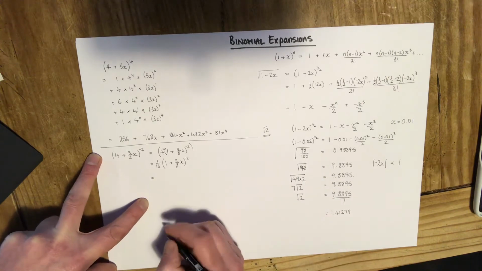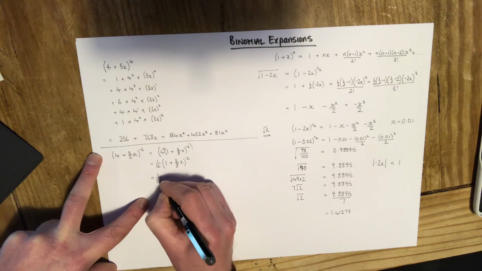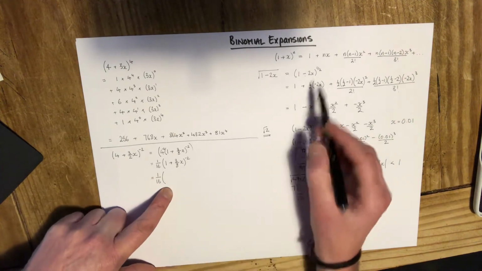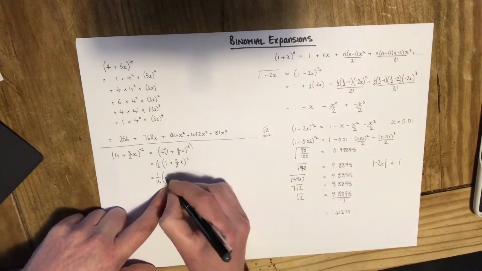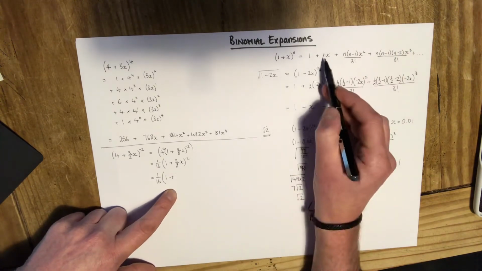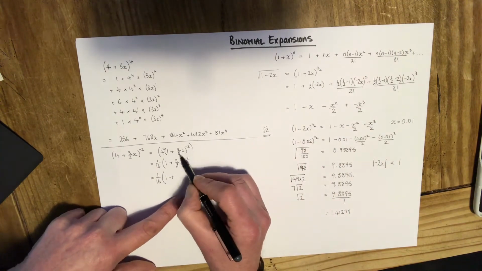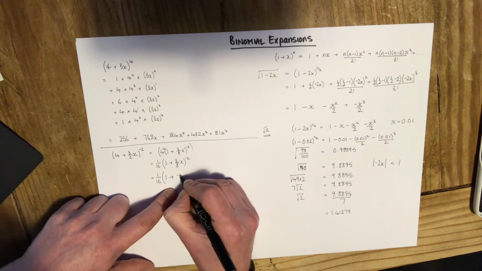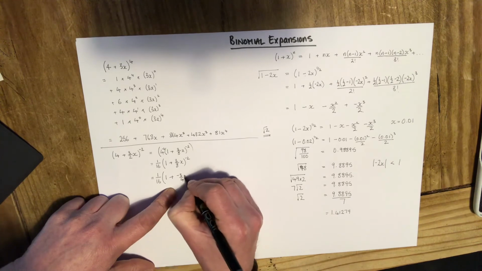So let's do that. 1 over 16 times by. So I'm just glancing up at the formula all the time. So I've got a 1 here plus nx, that's minus 2 times 3 over 8. So that would be minus 6 over 8, or minus 3 over 4x.